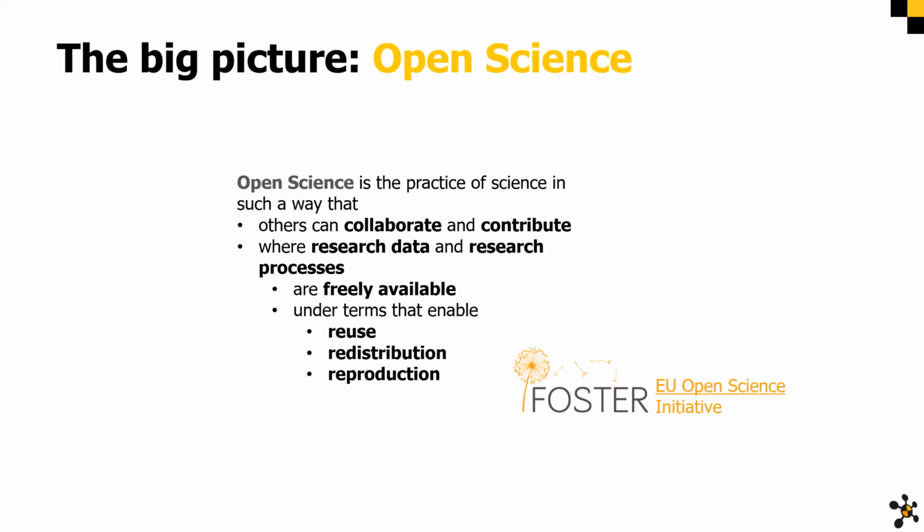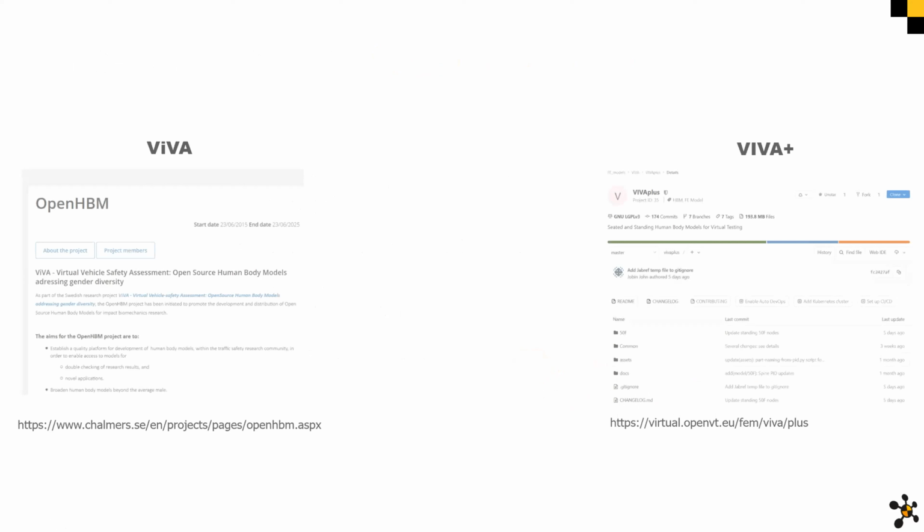This is a nice definition from the Forster EU Open Science Initiative. It says open science is the practice of science in such a way that others can collaborate and contribute, where research data and research processes are freely available under terms that enable reuse, redistribution, and reproduction. So coming to the VIVA models, the original VIVA model was hosted on a Chalmers web page.